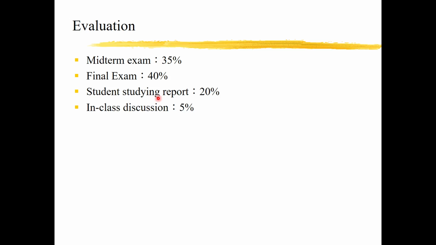The report is that you have to do some research by yourself, in the topics we covered in this semester. Okay, and finally there is an in-class discussion, only 5%, and this is very subjective. It depends on the tutors.